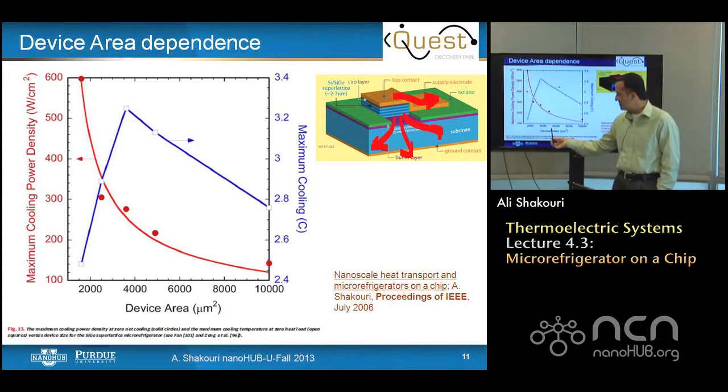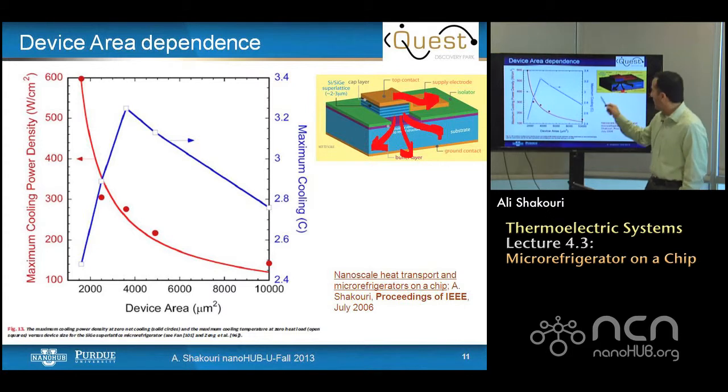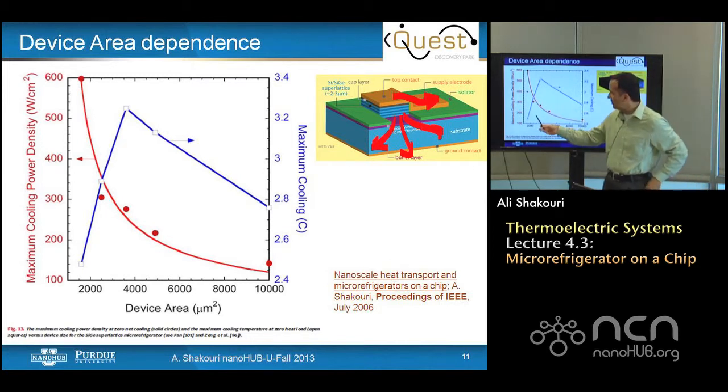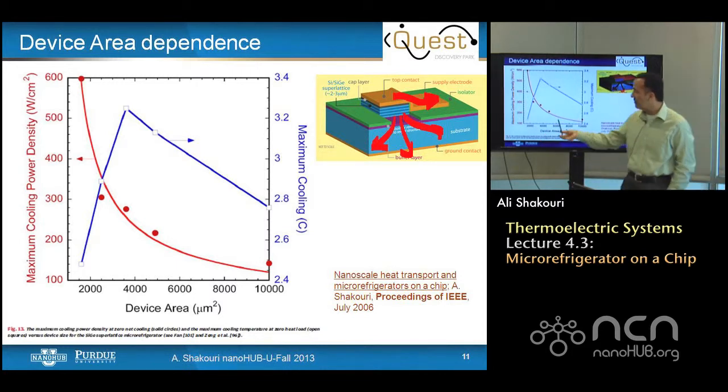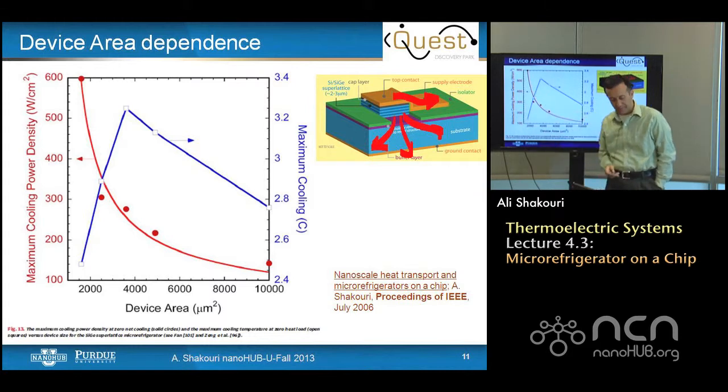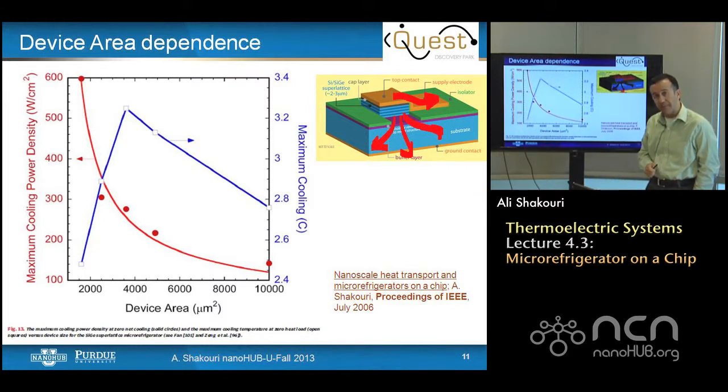As you make the device smaller and smaller, because you are spreading the heat from a localized location, one could get cooling power densities that go to 600 watts per square centimeter. So that tells you that, even with a constant thickness of the device, you can reach high cooling power density in a three-dimensional geometry, and this is something that we will describe in future lectures.